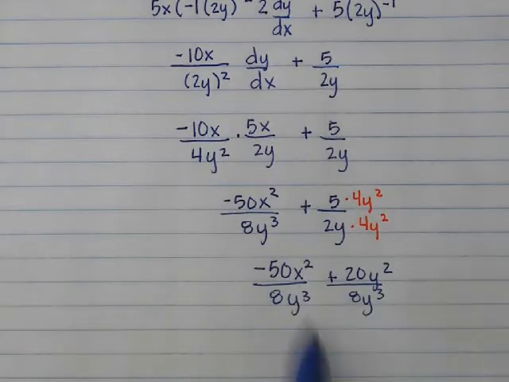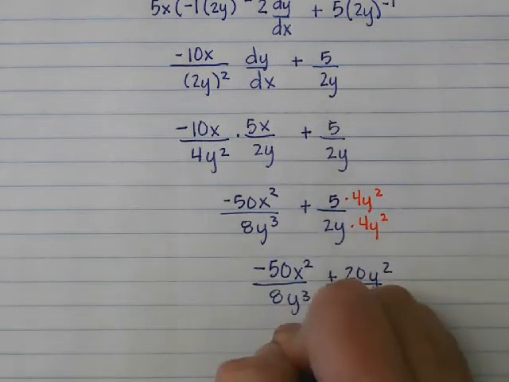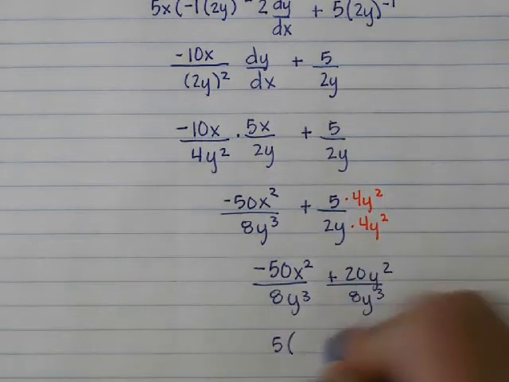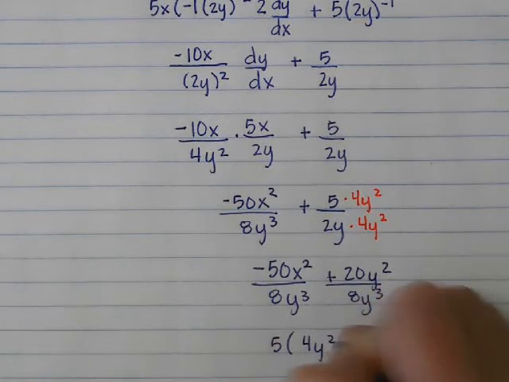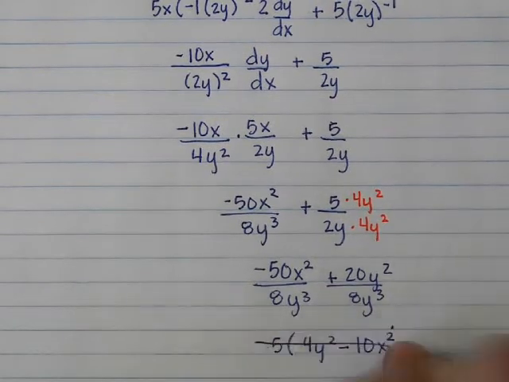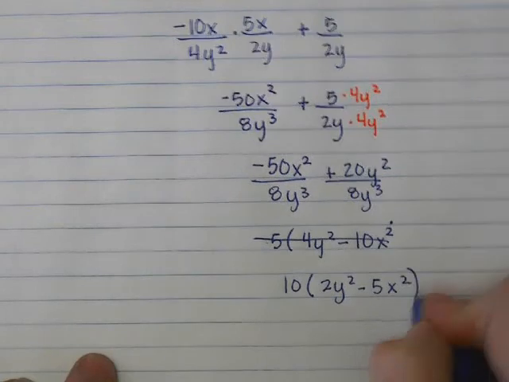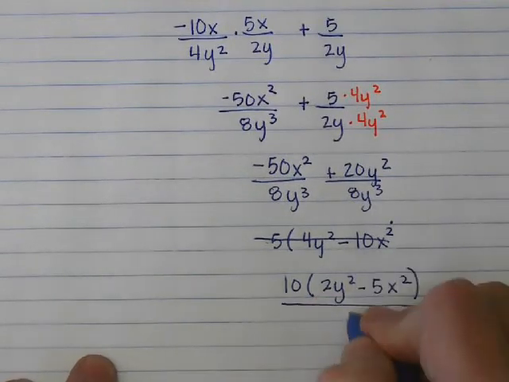Now I'm going to take out a 5 up on top, and I'm going to write this one first: 4y squared minus 10x squared. Oh, nope, I could take out a 10. That would be 2y squared minus 5x squared over 8y cubed.